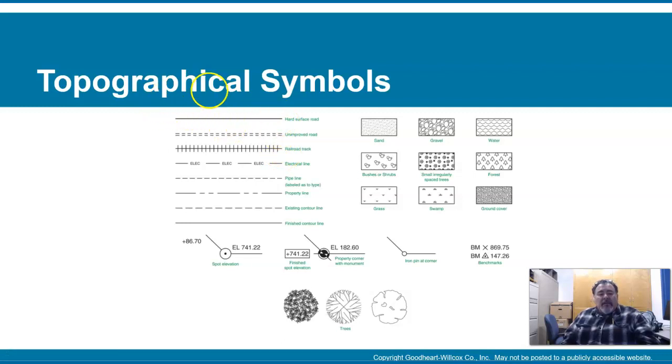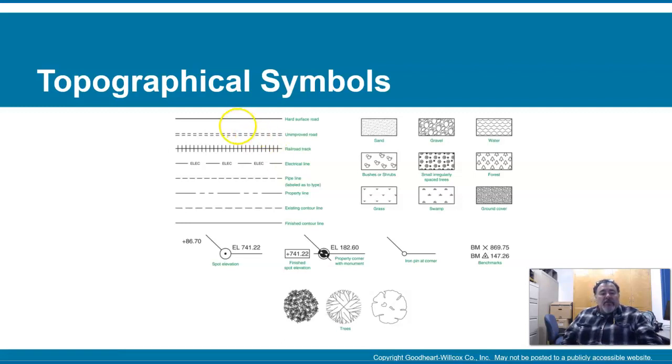So these are basically a map. A straight line would represent a road. Then here you see a line with the word elect, meaning electric. So it's line, elect, line, elect. It's showing you that this dashed line with these letterings is the pathway of electrical lines that might be underground or overhead.